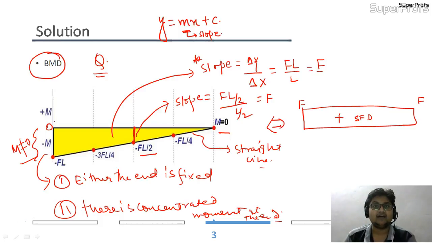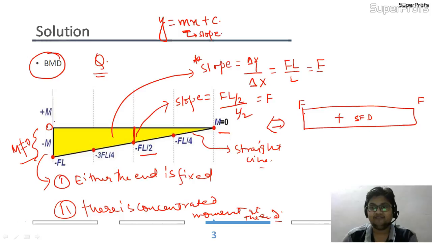One is the loading diagram, which shows how the beam is externally loaded by the forces, the second is the shear force diagram, and the third is the bending moment diagram. These three go in sequence, and if you are drawing in the reverse manner, then you first draw the bending moment diagram, then the shear force diagram, then the loading diagram, with the help of which we will be able to know the external loading on the beam.